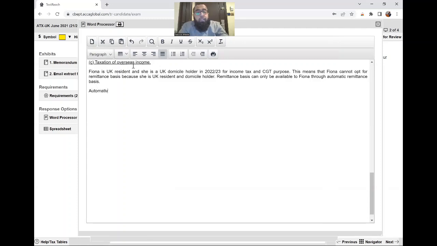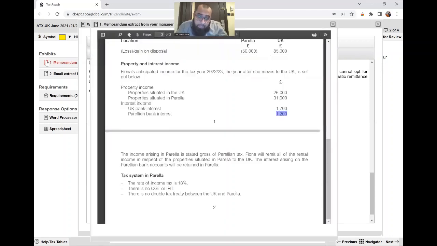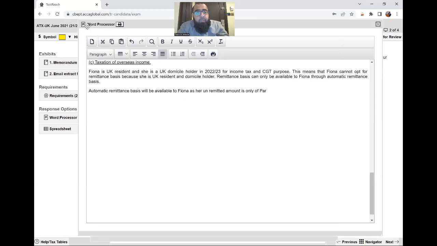Automatic remittance basis will be available to Fiona as her unremitted amount is only of Kerala bank interest, which is 1,200 pounds.